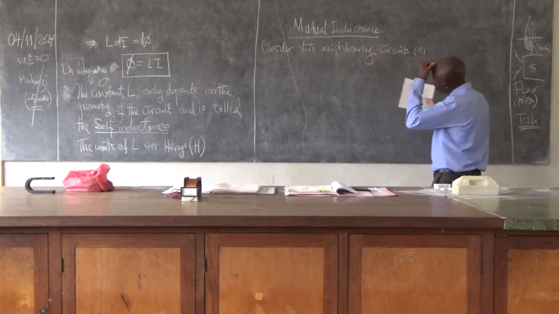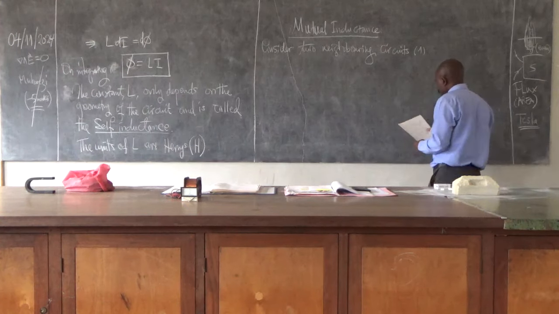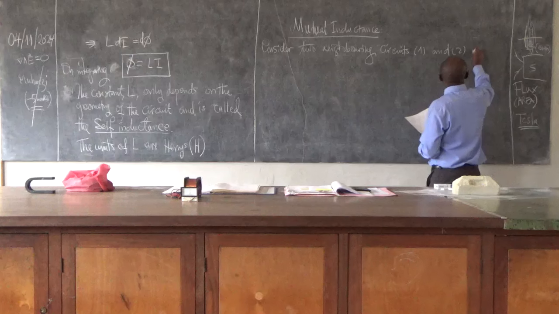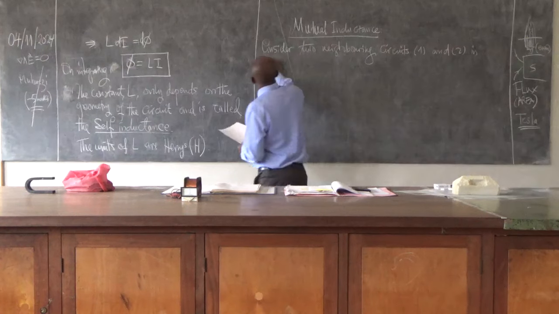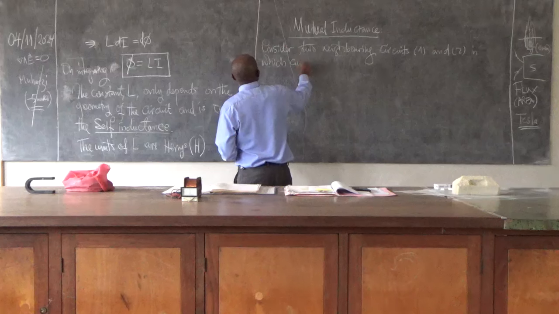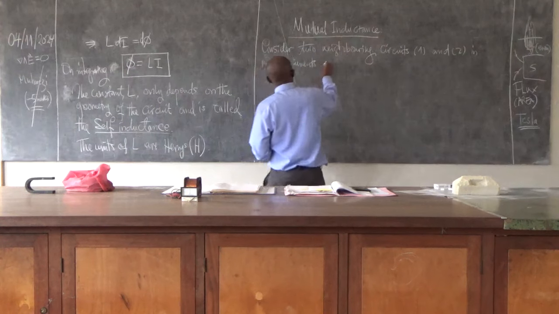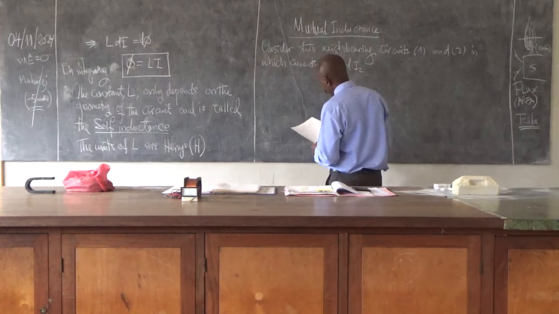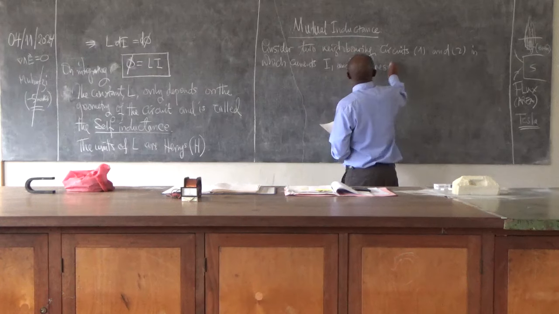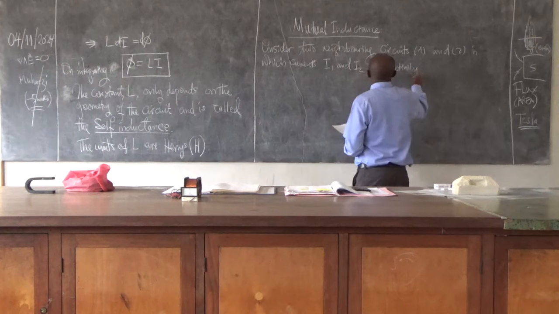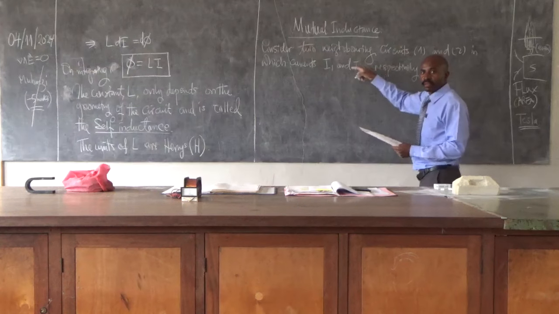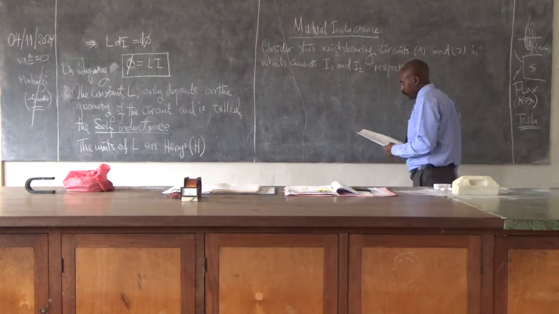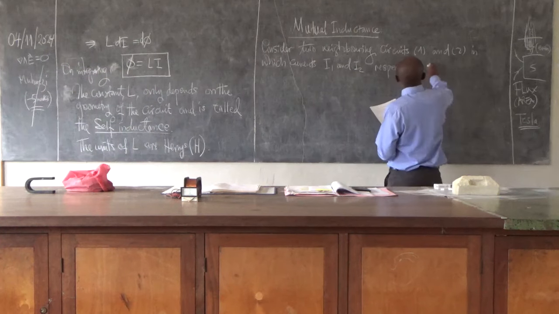So consider two neighboring circuits 1 and 2, in which currents I1 and I2 respectively may flow. Note that I1 flows in circuit 1, I2 flows in circuit 2.